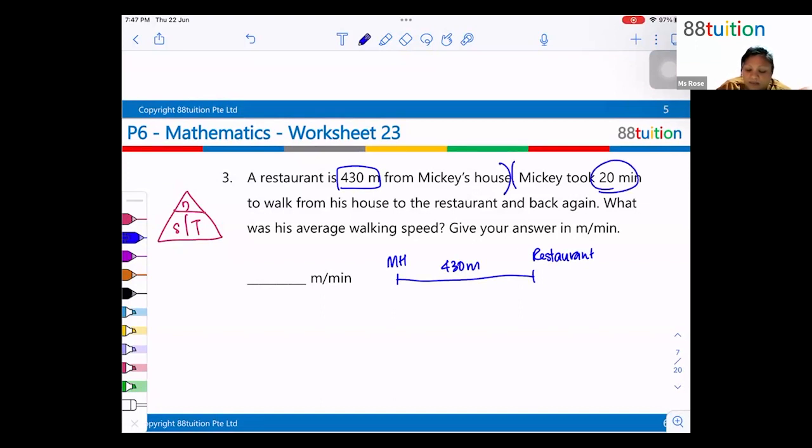Mickey took 20 minutes to walk from his house to the restaurant and back. What is the total distance that he covers in 20 minutes?